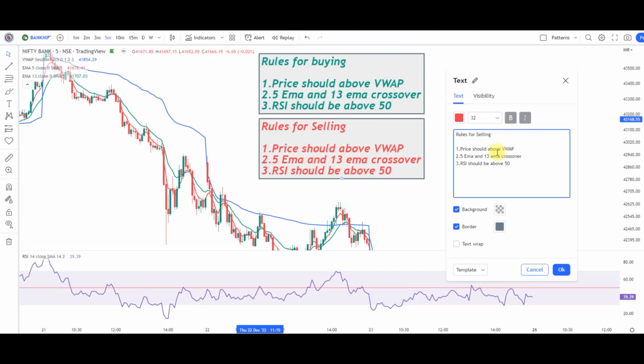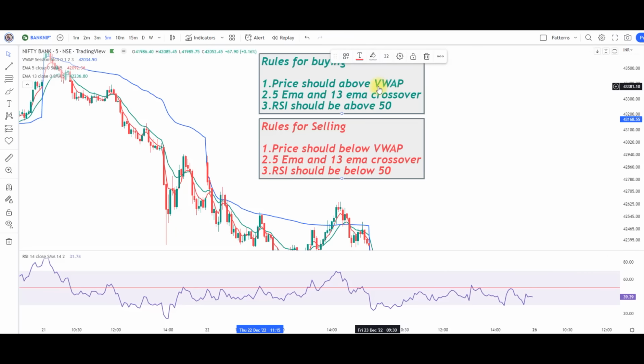Price should be below VWAP, and 5 and 13 EMA should give the crossover, and RSI should be below 50. So these are the rules for buying and selling. And the time frame you have to select is 5 minutes for intraday.